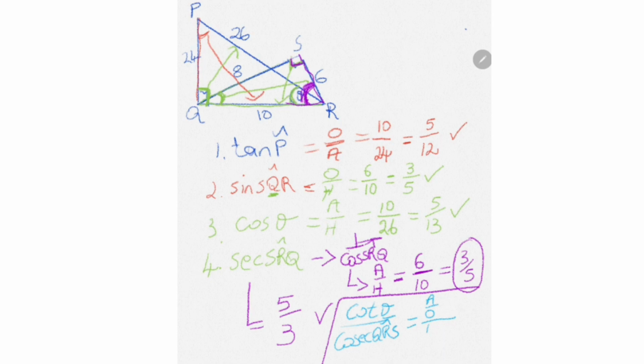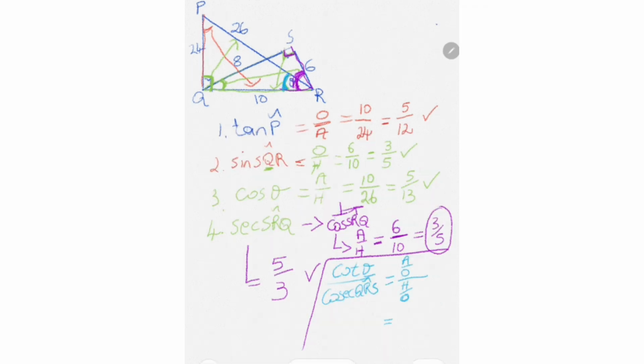Therefore, cosec will be hypotenuse over opposite. So we just take the reciprocals of the actual trig functions. The adjacent side of angle theta is side QR, which is equal to 10, over the opposite side of angle theta, which is side PQ, which is equal to 24.